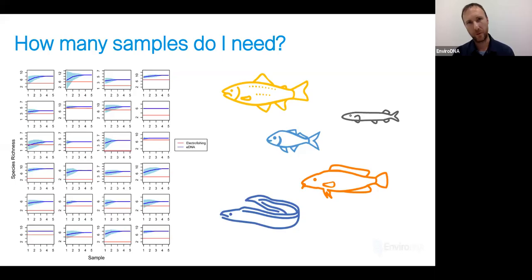And again, it's important to remember that species are going to move around, and even though we're detecting the species that are there at this particular time, at a different time of the year, there might be different species that come on board. So spring and autumn in combination is probably going to get you a slightly higher estimate of biodiversity than just looking at a single point in time.